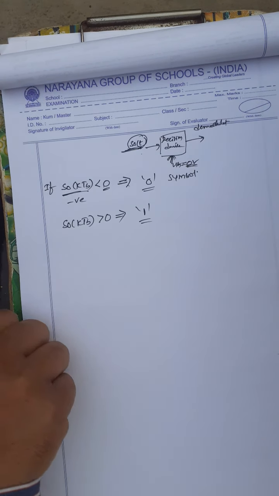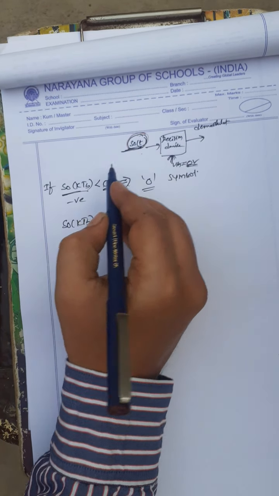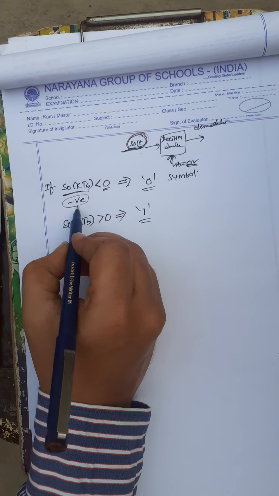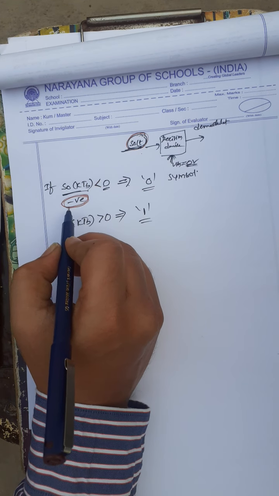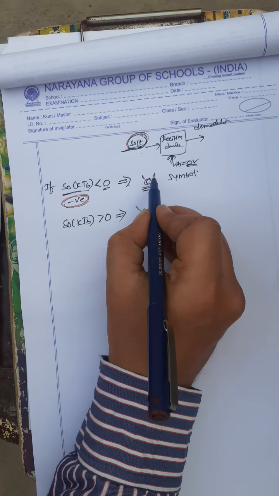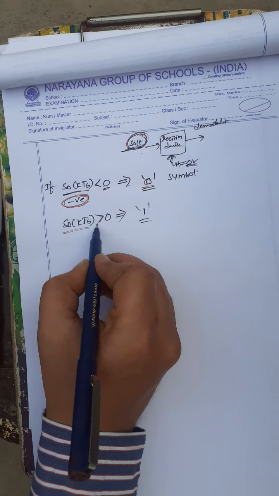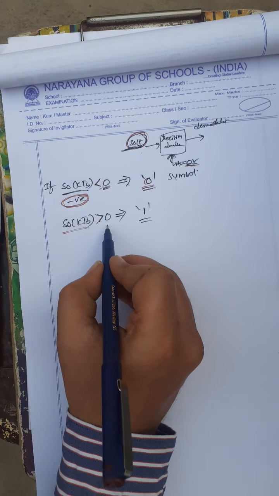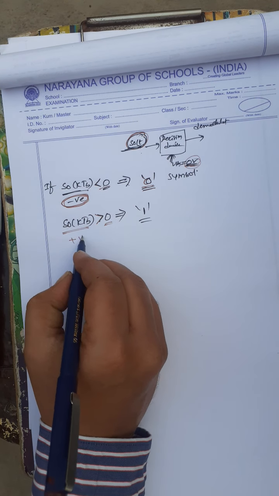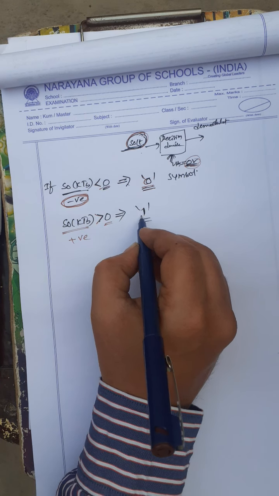See, what I am saying is, if the integrator output is less than 0, meaning it is a negative value, the decision device will produce bit 0. If the integrator output is greater than the threshold voltage, and 0 is the threshold voltage, that is a positive voltage, it produces bit 1.